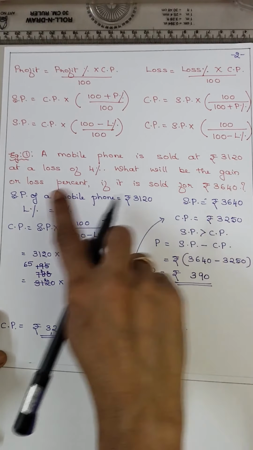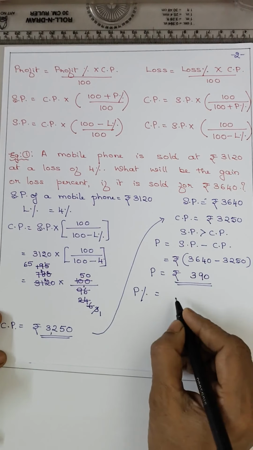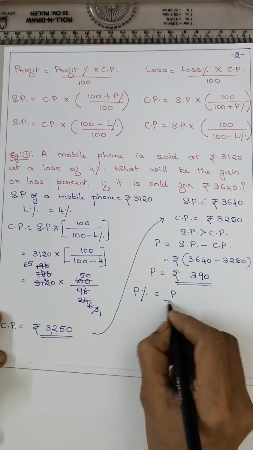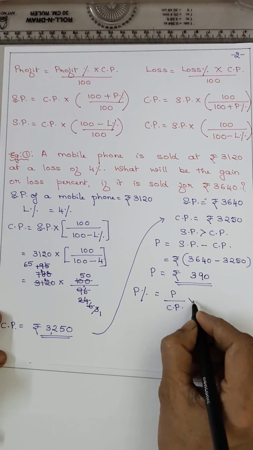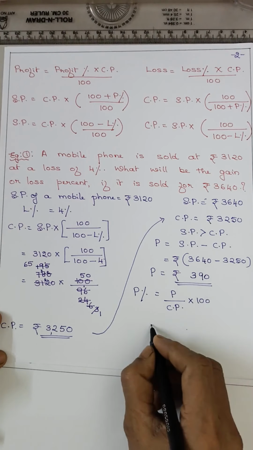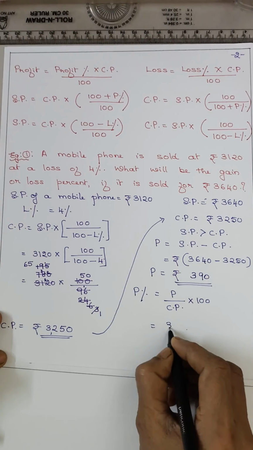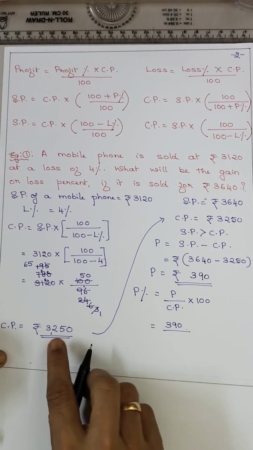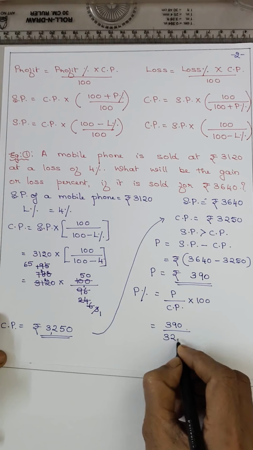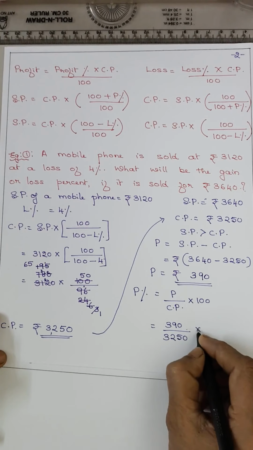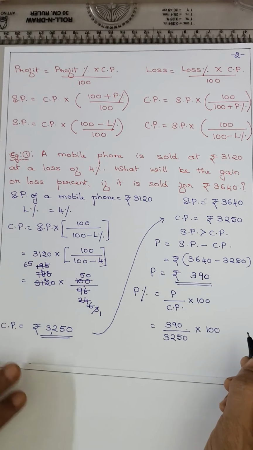They have asked gain or loss percent. Profit percent formula is profit upon CP into 100. Profit is 390. CP is 3250 into 100.